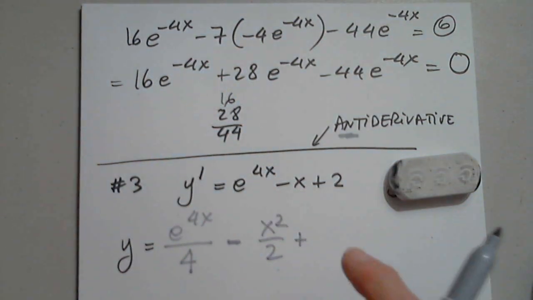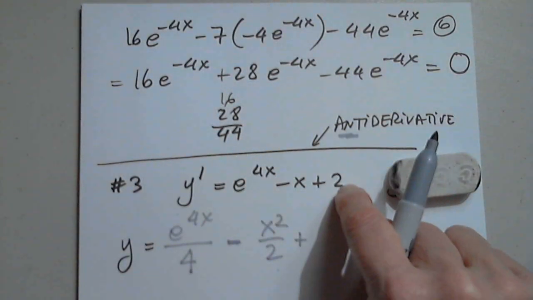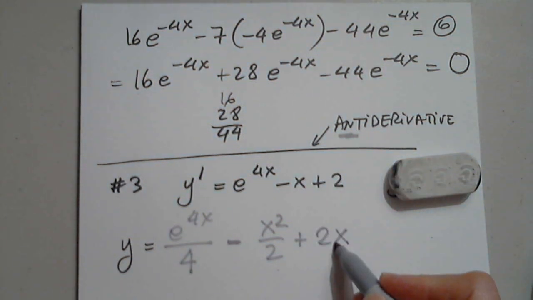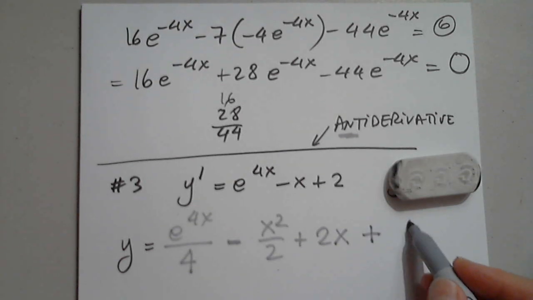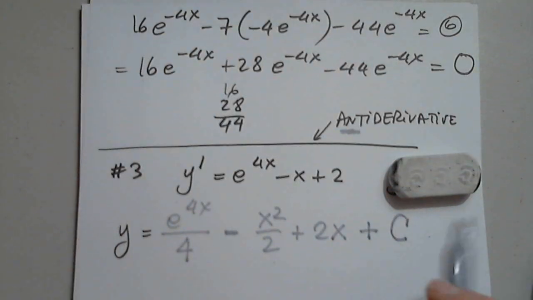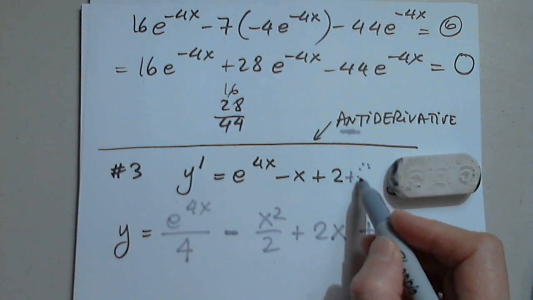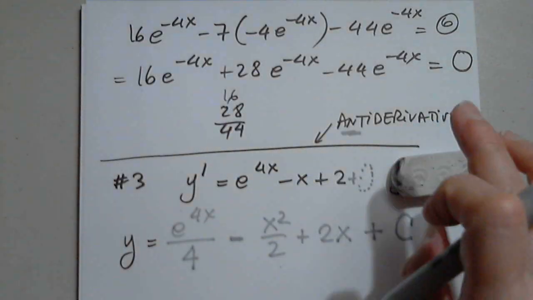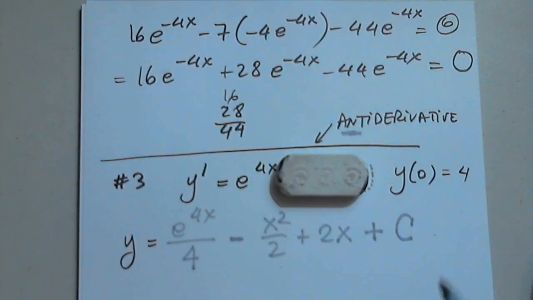Excellent. Plus, which function do I differentiate to get 2? 2x. Excellent. And always remember plus a constant c, because the constant prime is 0. There is always a 0 in there. Silent, but there is. Okay, then what is this for?